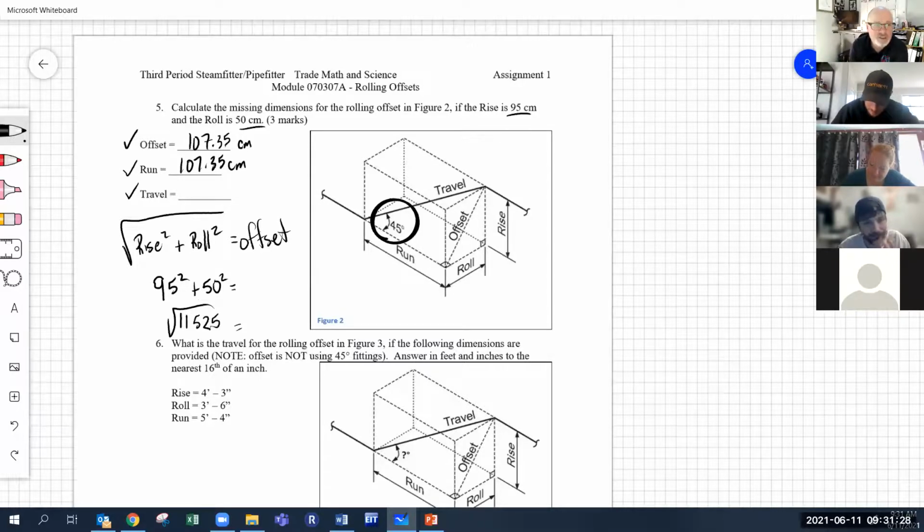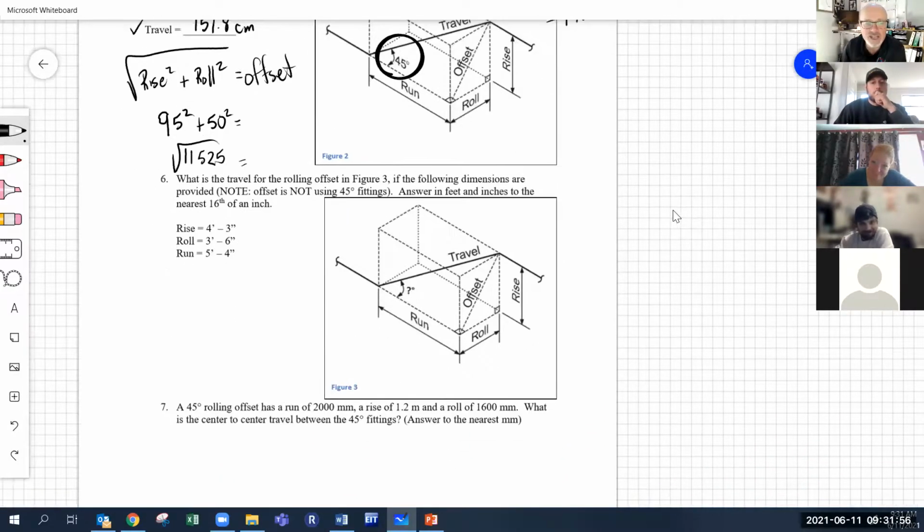And now the travel is calculated by taking 107.35 and multiplying it by 1.414 is equal to the travel. What is the travel equal to then? 151.8. Excellent. Good work. Easy, huh? It's not too bad. Rolling offsets are simple.